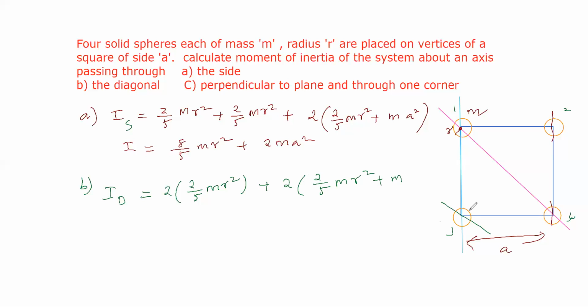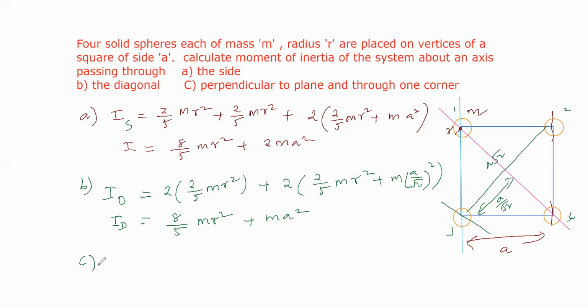Since this diagonal length is a√2, this length is a/√2. So the distance between the two parallel axes is (a/√2)². Simplifying, 2 into 2, 4/5 mr², plus 4/5 mr², altogether 8/5 mr². Plus the 2 and the √2 squared cancel, so only ma² remains. So this is the moment of inertia about the diagonal.